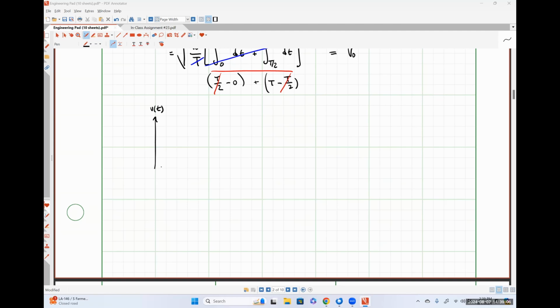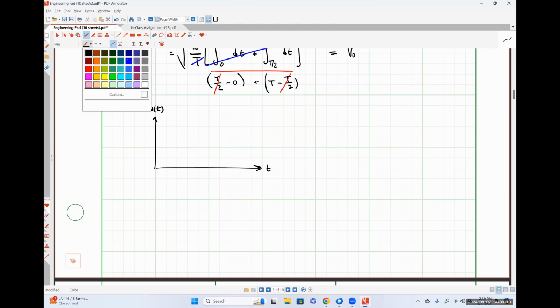So let's say that we have a voltage signal. And this time, let's have our voltage be V naught yet again.